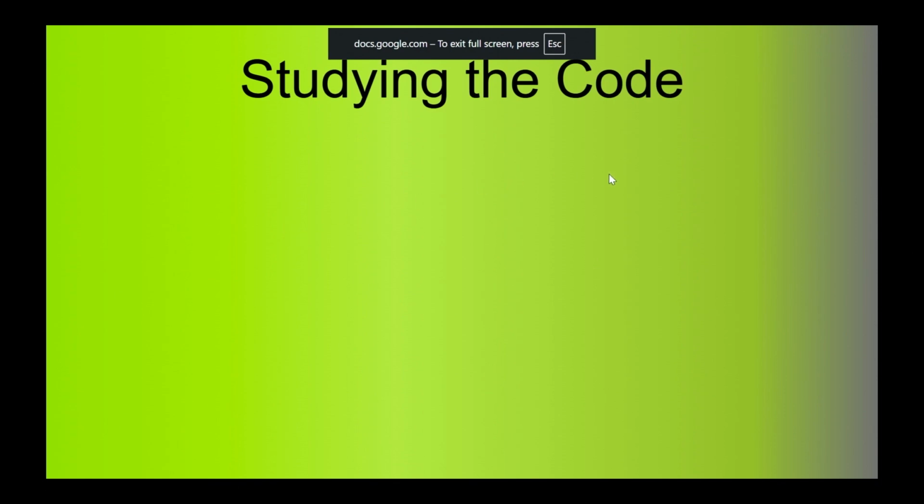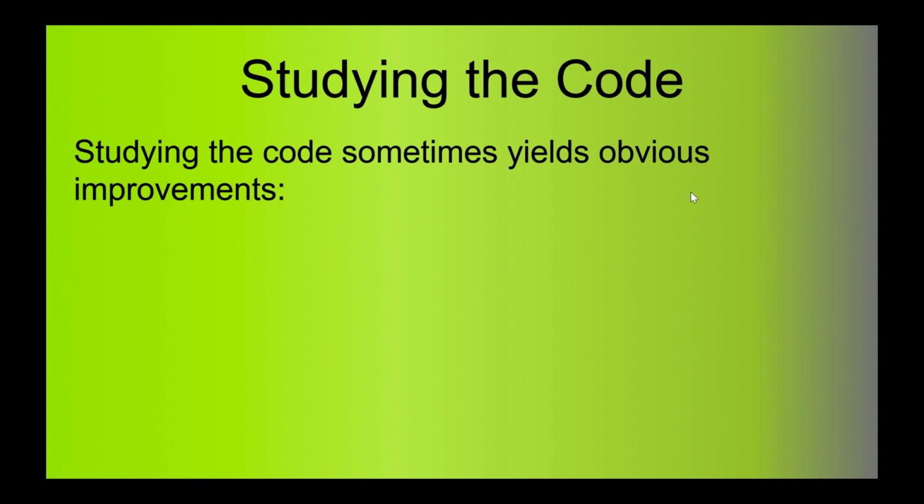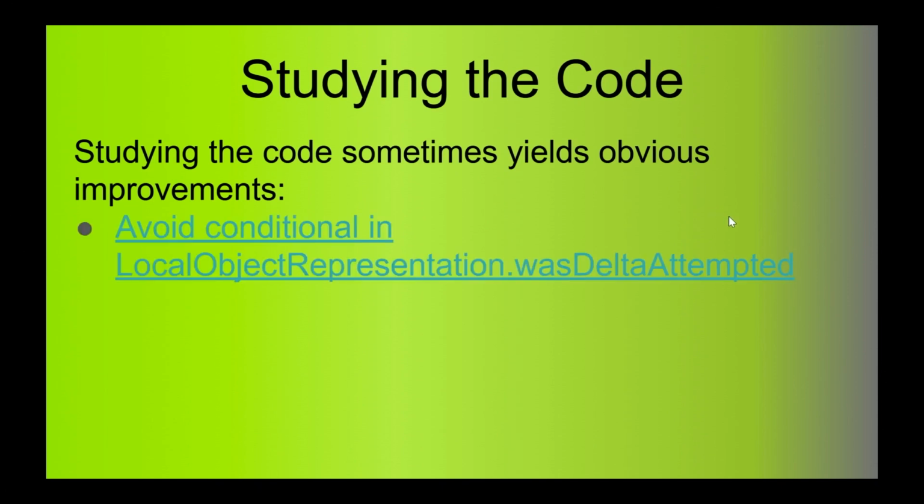All right, so then the next thing is when you're in there modifying a lot of this code, you learn a little bit about it, and then sometimes things become obvious from just reading the code. And so here are two different improvements I made for that in the last year. Here, it was just a class that had some conditionals in a function, but it was kind of constant because it was overriding the class in two different ways, and both of them just returned either true or false for that entire class type.